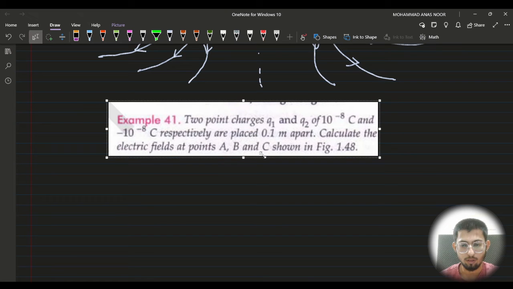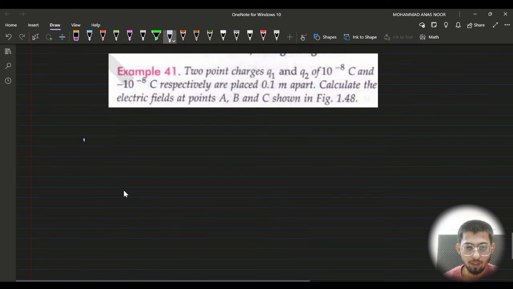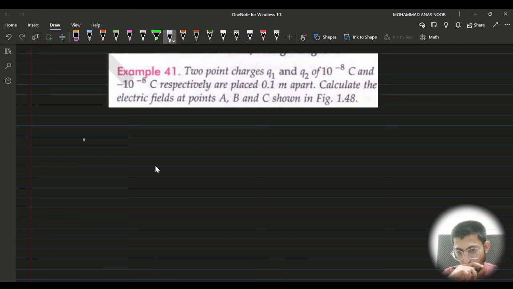So this is the question. So the question is: two point charges Q1 and Q2 are placed 0.1 meter apart. Calculate the electric field at points A, B, and C as shown.